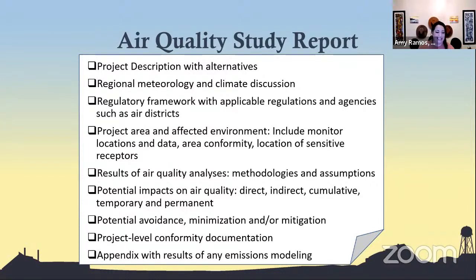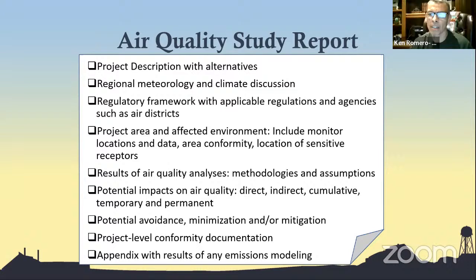Okay. So basically, our air quality study should include a basic project description documenting project design assumptions, such as future design year, which is usually about a 20-year design year. So typically, we will come up with alternatives that our projects can handle our traffic projections out 20 years.